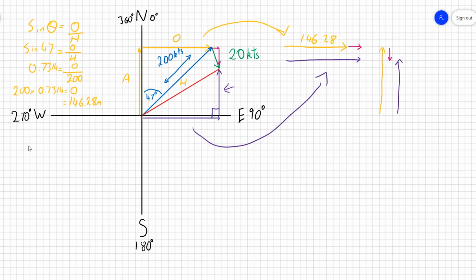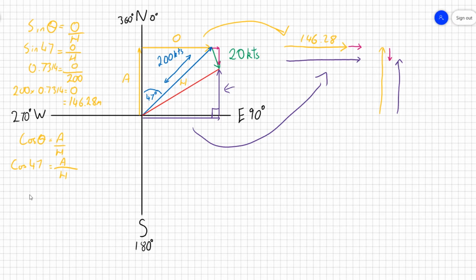Okay, so then I need to work out my adjacent. Again, we'll do that for the blue and yellow triangle first. So cosine theta equals adjacent over hypotenuse. So from there, put my values in. So cos 47 equals adjacent over my hypotenuse.